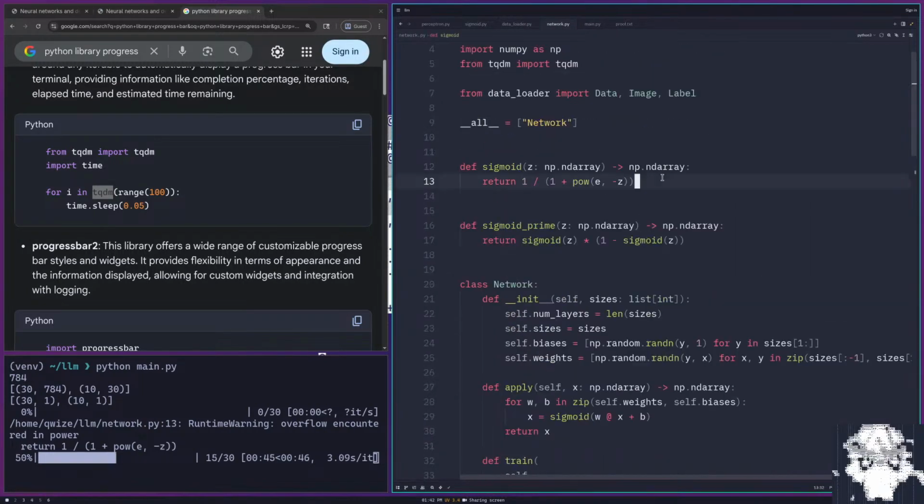So try to figure that out. So I'm using POW, which is a built-in Python way to take an exponential, but I could be using NumPy's exponential thing. So I'll try that once this is done.